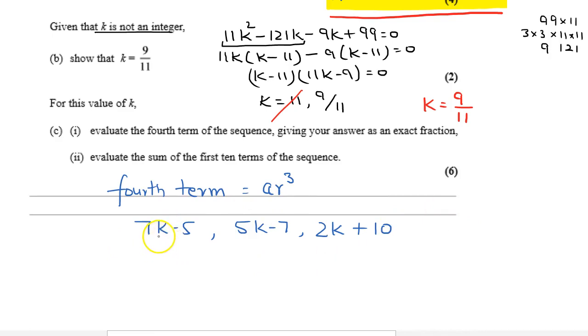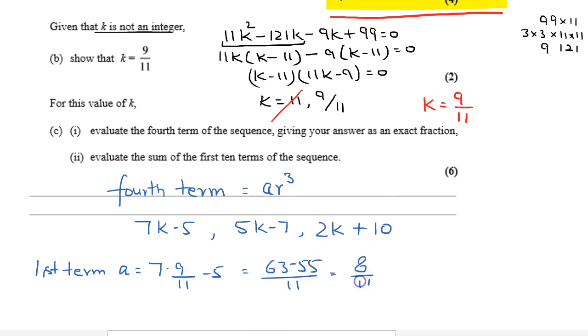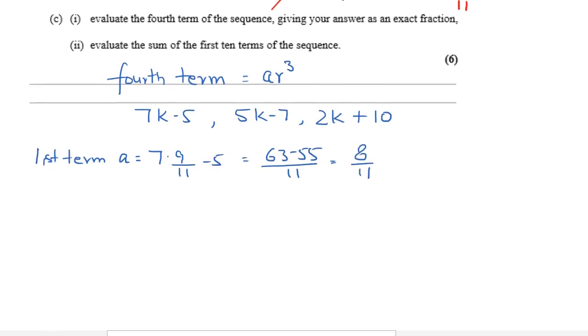So let's say k is equal to 9 over 11, now we put the value of k. So first term, that is a, is equal to 7 multiplied by 9 over 11 minus 5. So 63 minus 55 over 11. So that is 8 over 11.